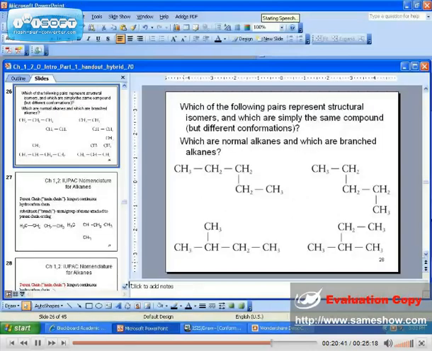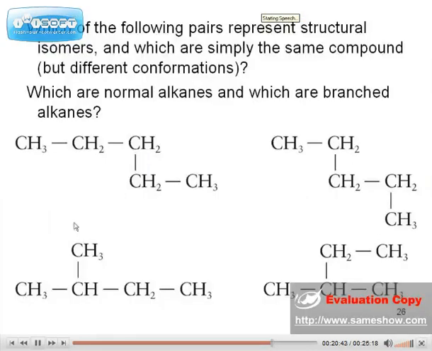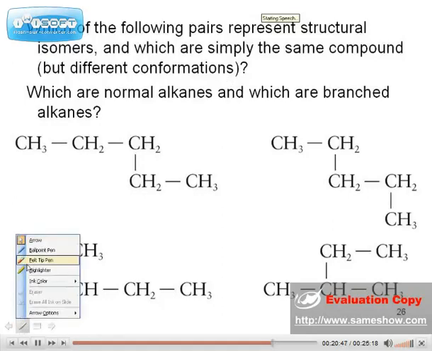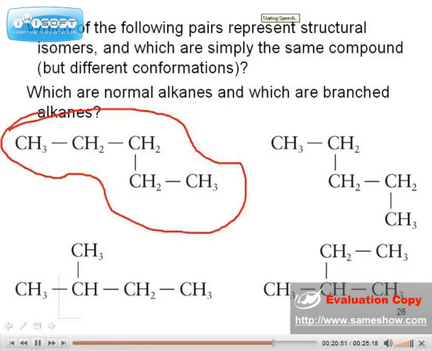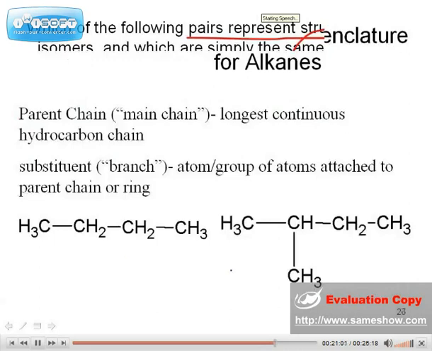So going back to the slide, this creates a lot of problems because there's more than one way of writing or sketching a molecule. In this case, here we have one conformation. In this case, we have another. So now we need to get into naming.